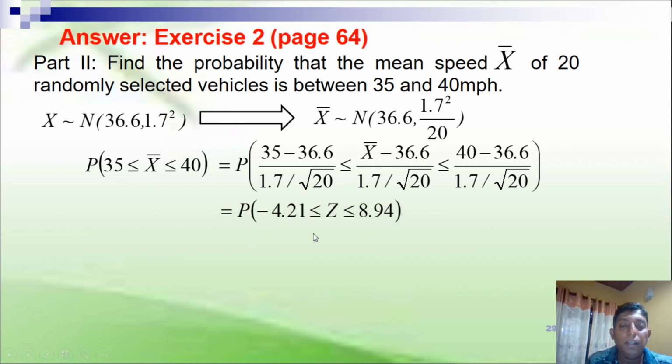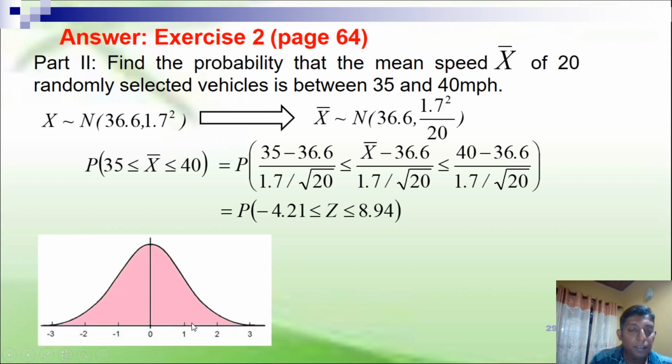The probability of Z lying between minus 4.21 and 8.94 means the required area is almost the whole area. 97 point something percent lies between minus 3 and plus 3, but here the lower value is minus 4.21 and the upper value is larger, 8.94. Therefore this value should be approximately equal to 1.